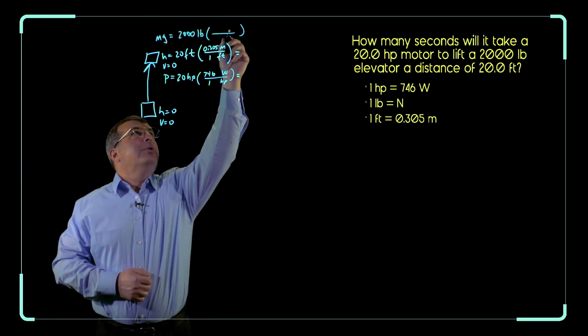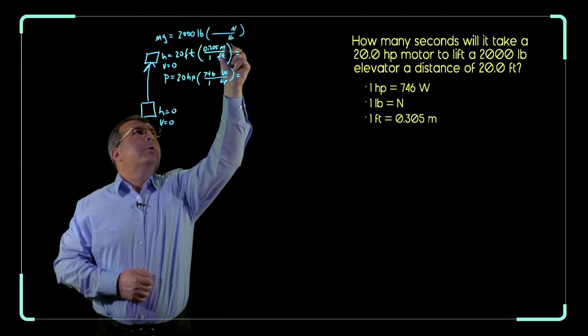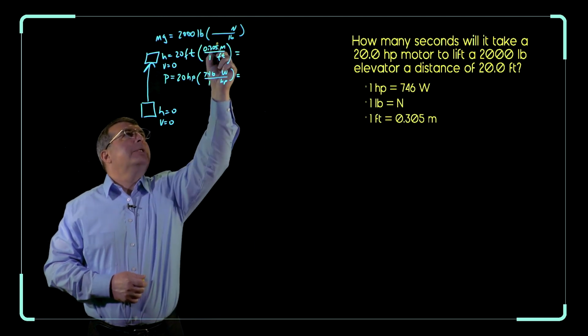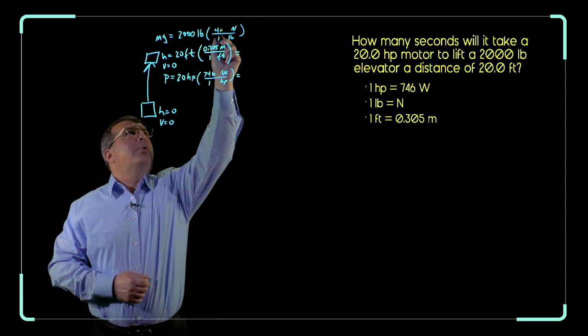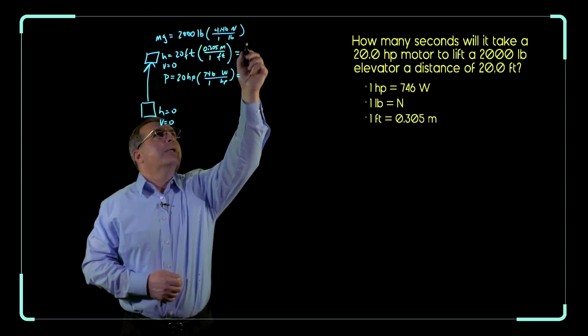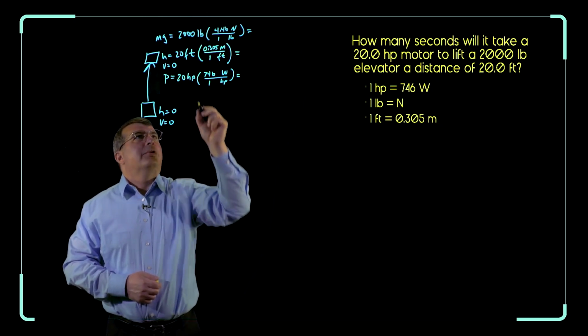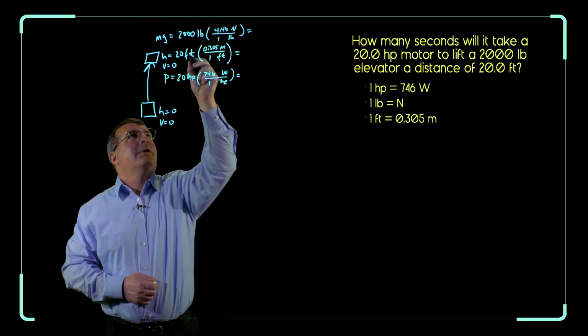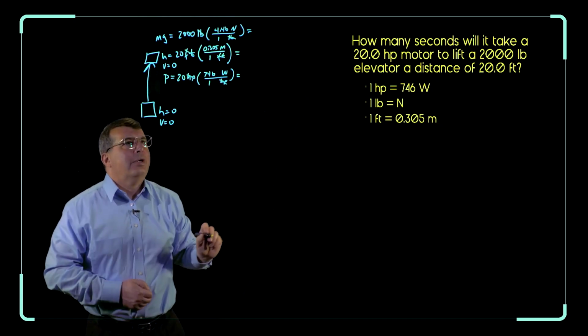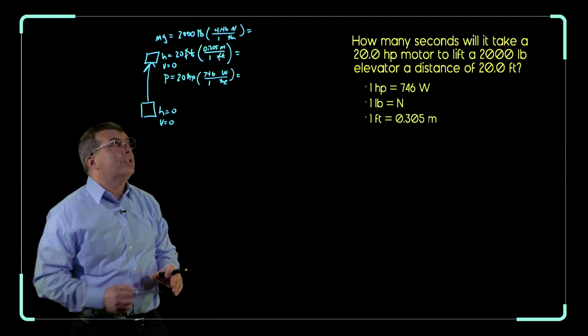So I want a newton on the top and a pound on the bottom. And 1 pound is 4.46 newtons. Okay, we can calculate what those are. So horsepower cancels out here, feet cancel out here, pounds cancel out there. So let's go ahead and do those conversions.